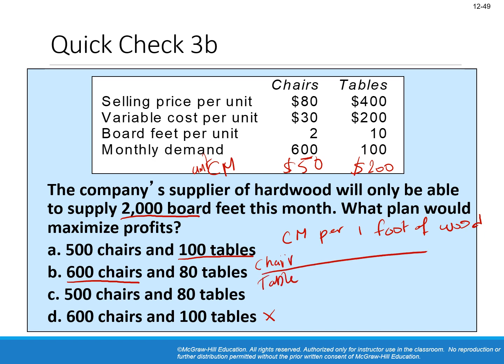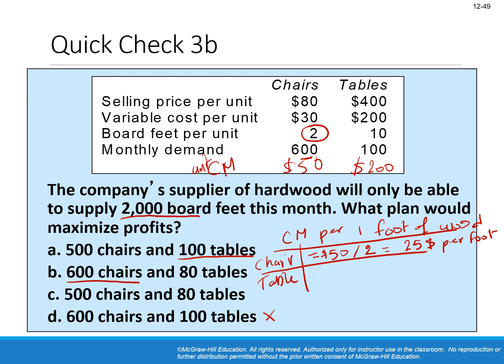Okay? So to do this for the chair, it's equal to the $50 divided by 2, and this is the 2 feet of wood. So $25 per foot. So each foot of wood invested in chairs is yielding $25 CM.